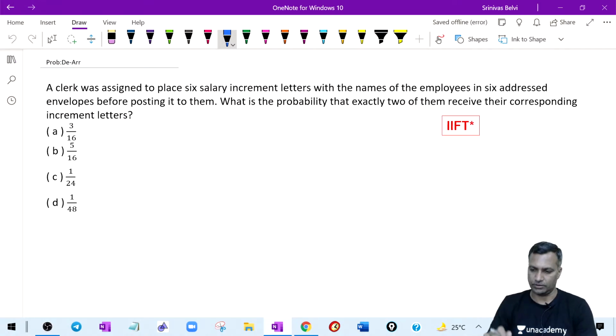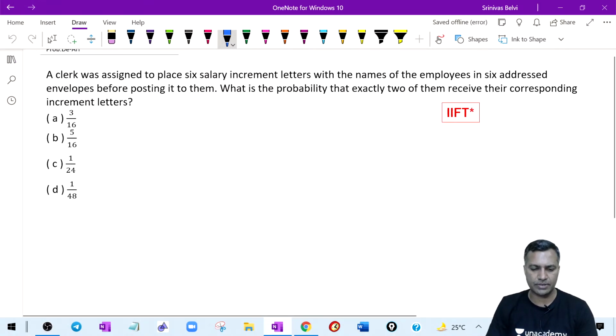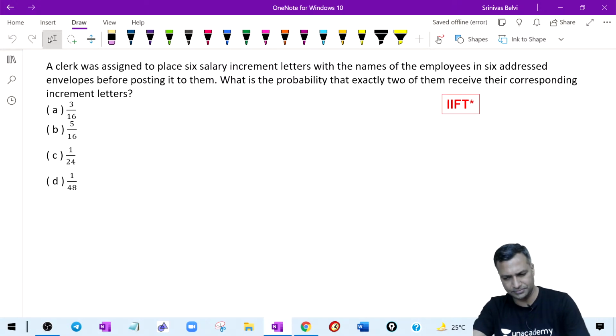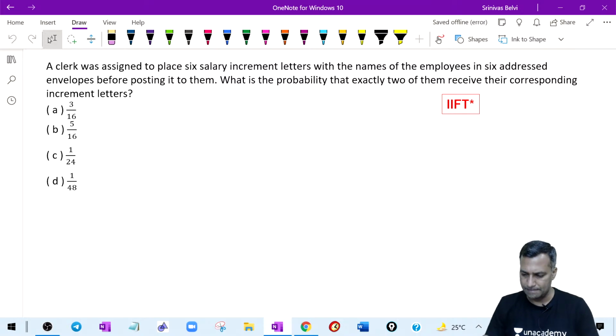Take a look at this question. This question is from IIFT, but a similar kind of question has come in CAT, XAT, and many exams, many times. Take a look at this question, all of you. Now let's have some learning from this question.